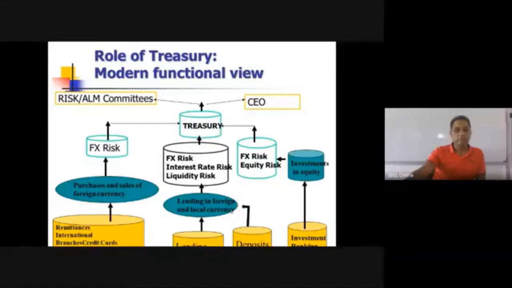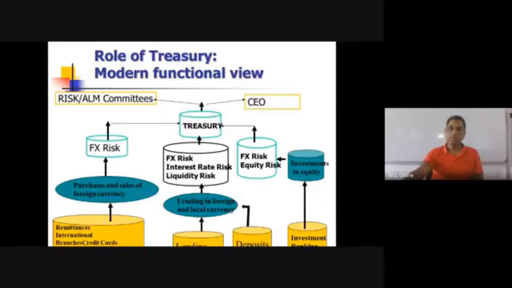Same way, if you look at the branches, purchase of foreign exchange in the branches, the foreign exchange risk, Treasury has to manage that, report to the CEO, etc. Deposits, same, on the rate side. Investments, the bank has investments that it makes. How does the investment risk get managed? Treasurer has to worry about that. So in essence, all of these equate to one type of risk, basically market risk.